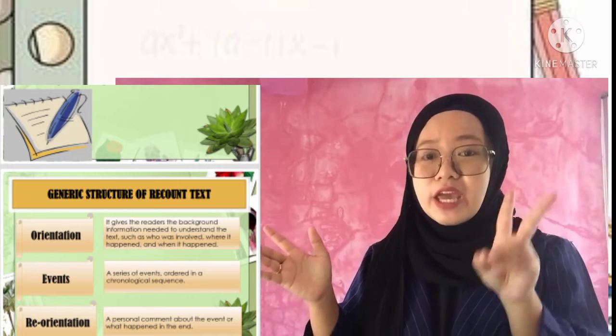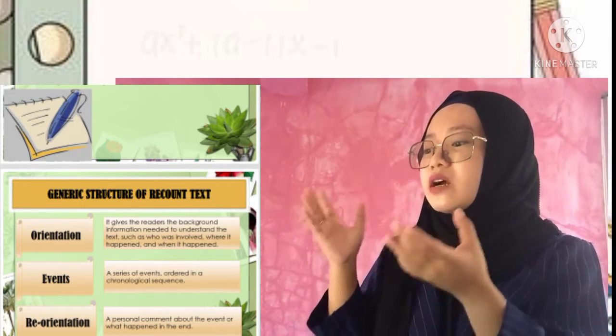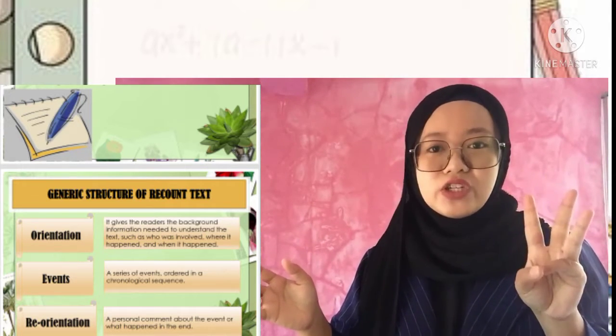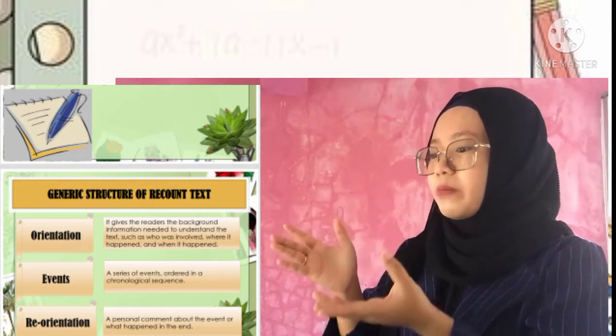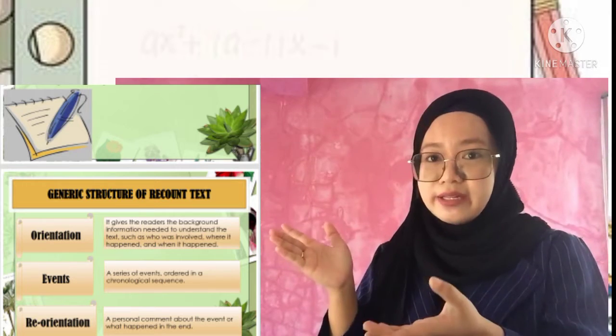The second is events, a series of events ordered in a chronological sequence. And the third is reorientation, a personal comment about the events or what happened in the past.